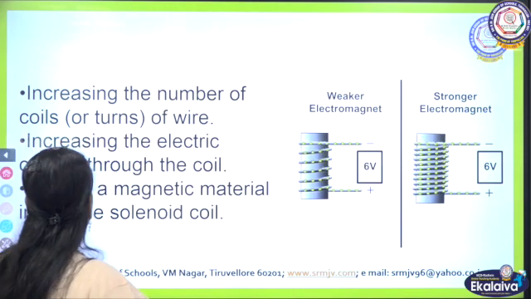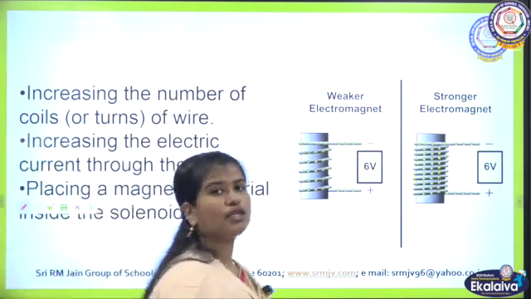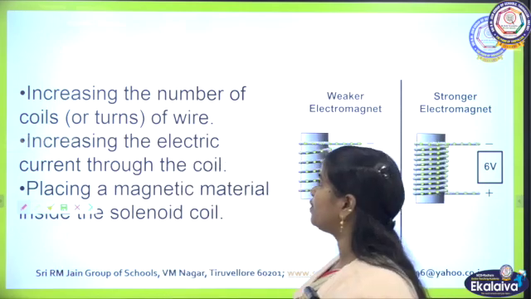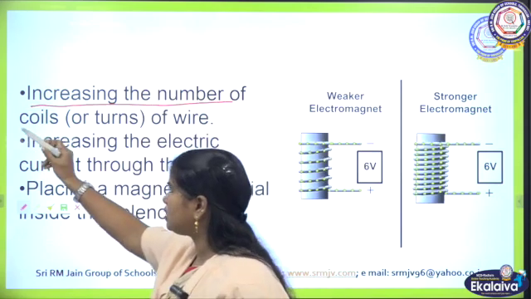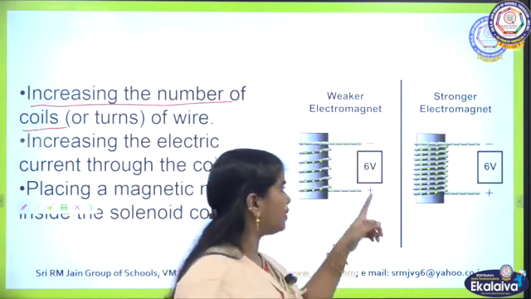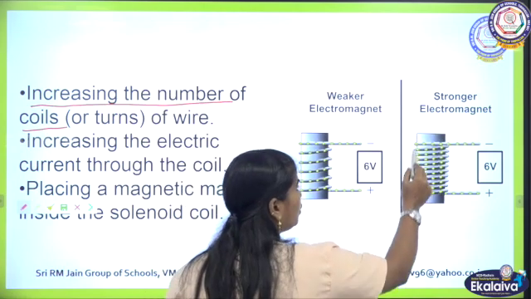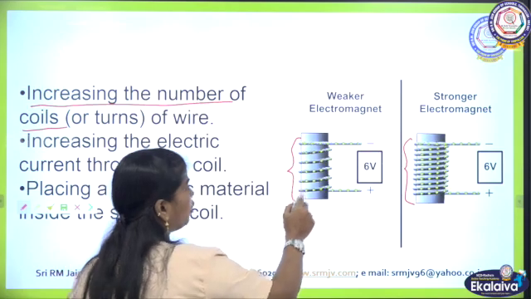There are three possibilities where I can increase the strength of the solenoid. The first one is increasing the number of coils. You can see in the first picture there are more coils, and in the second picture very few coils.